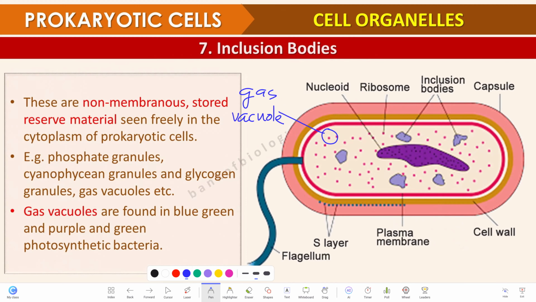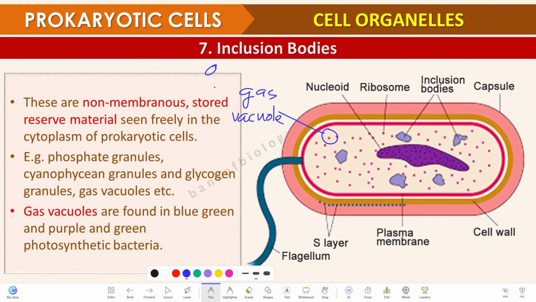Blue-green algae, blue-green cyanobacteria. Studied? You've heard of blue-green algae, cyanobacteria, nitrogen fixation in the root of legumes? No. Okay. Anyway, in some bacteria, you will find gas vacuole. It helps them to float. It's called an inclusion body. It's an extra thing.